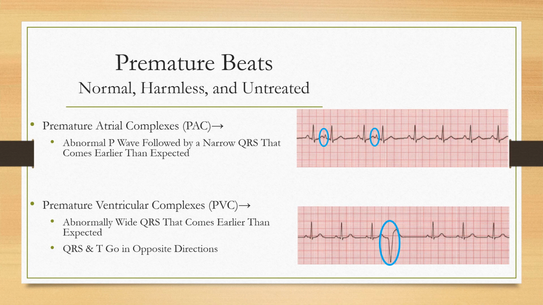So you're going to notice that the PVC is actually quite wide, right? It's widened. So in terms of time, it takes a long time. And why is that? Because the PVC started in one part of the ventricle and it didn't use those fast nerve bundles.